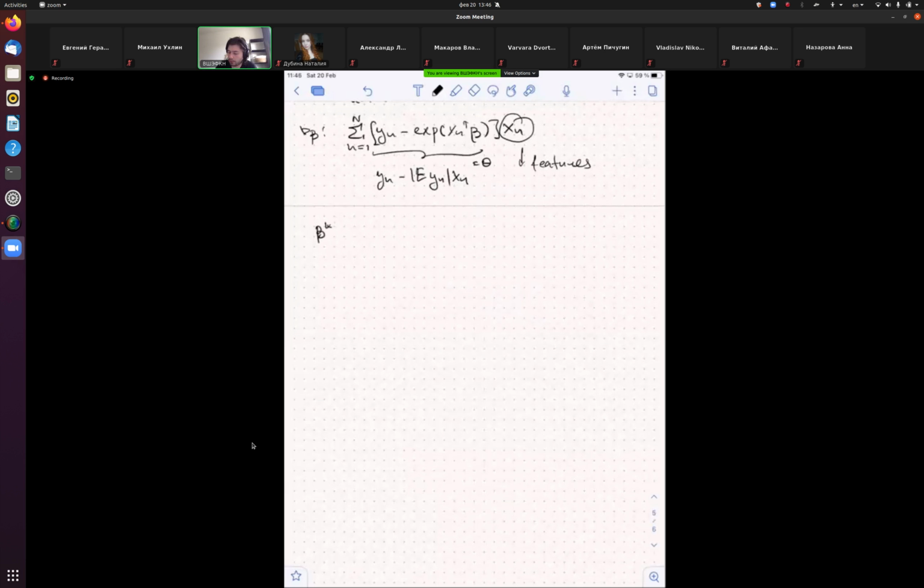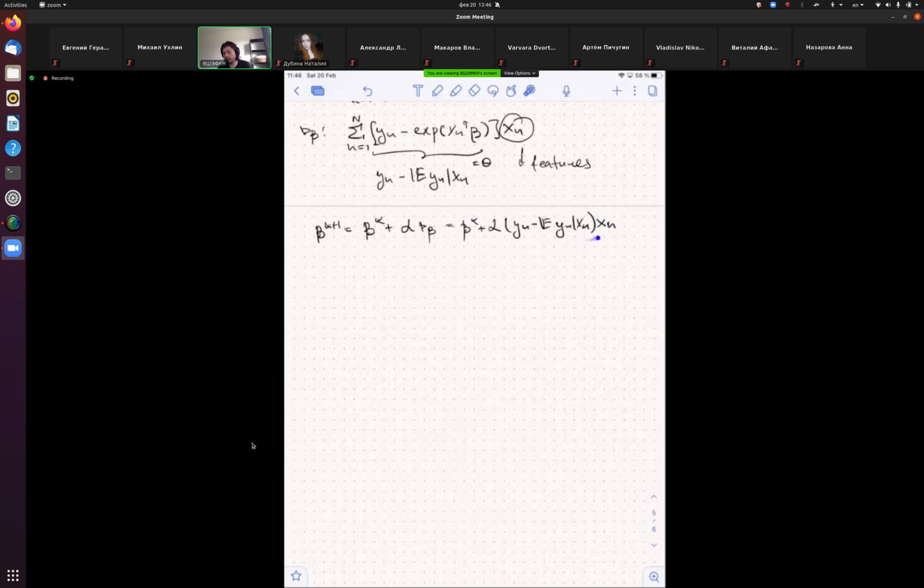Every new b_{k+1} is equal to b_k plus some step times the gradient with respect to beta, which modifies b_k in the direction given by our error multiplied by the value of the features. If this error is big, the coefficients should be pushed in the direction of these features to reduce it.